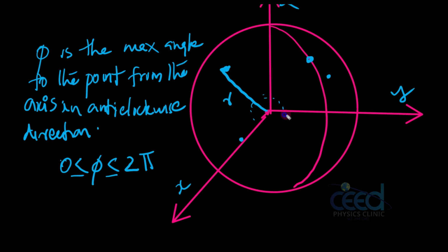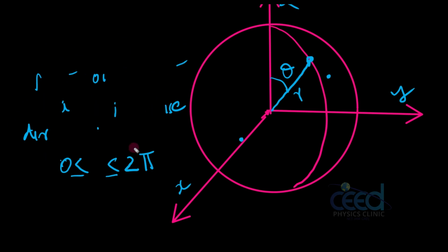So I can erase this whole. So what is theta? If this is r, this is theta. So what is the value of theta? Here it is the minimum angle.